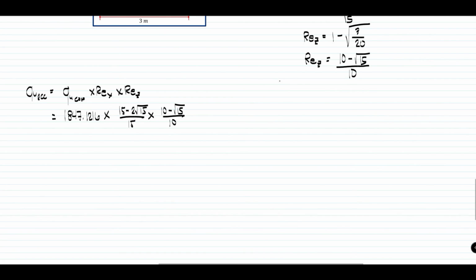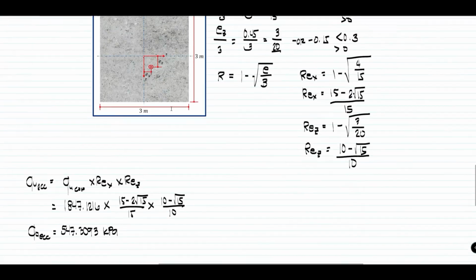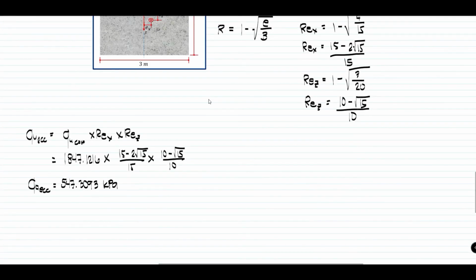So, yung QU eccentric natin will be equivalent to 547.3093 kilopascals. So, yan na ngayon yung ating QU eccentric. Pero, Q allowable yung pinapahanap sa atin sa problem. So, ibig sabihin nun, we'll just have to use Q allowable is equal to Q eccentric divided by 3.